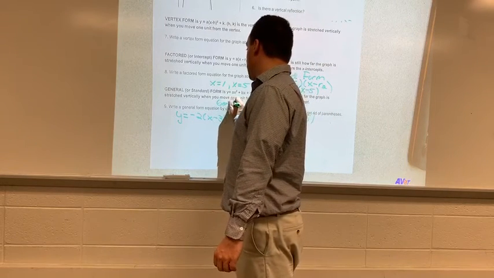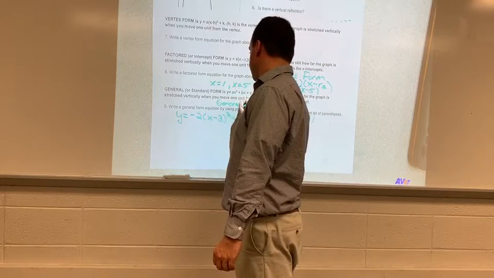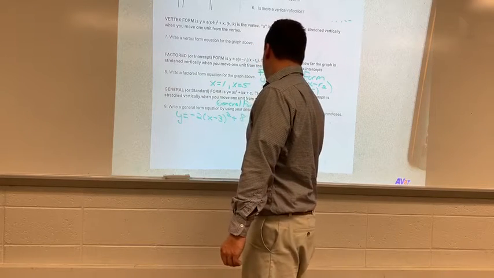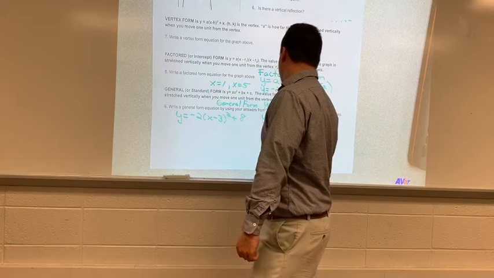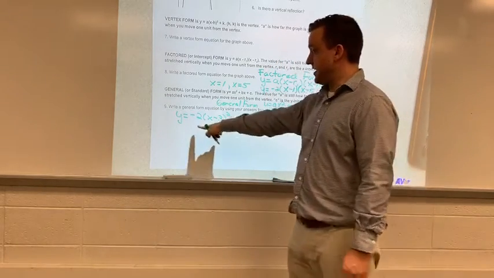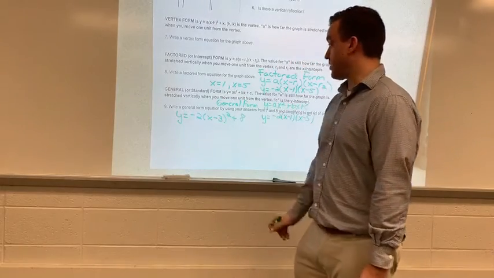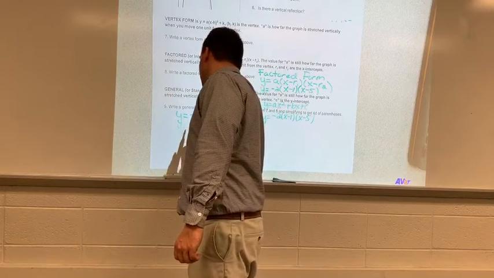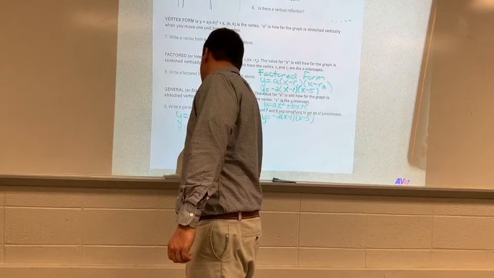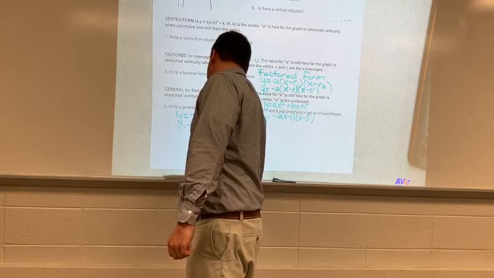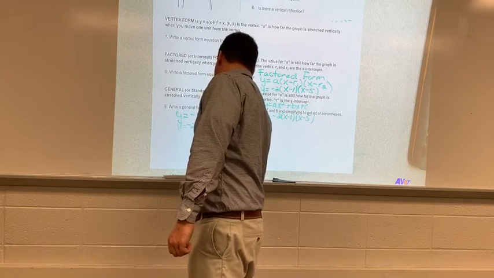So for general form, we have y equals ax squared plus bx plus c. So to change this equation, which is in vertex form, I see I have x minus 3 squared. So we have y equals -2 times x minus 3 times x minus 3 plus 8.